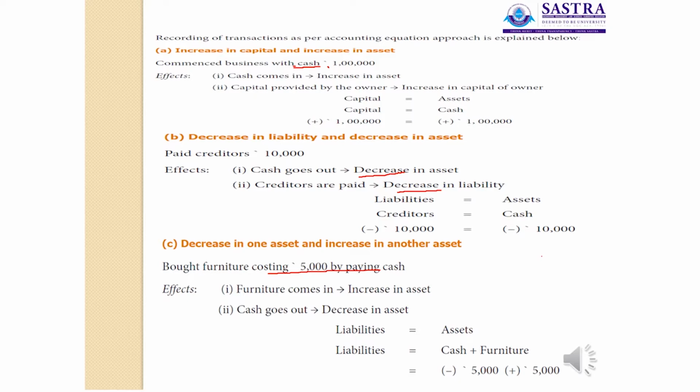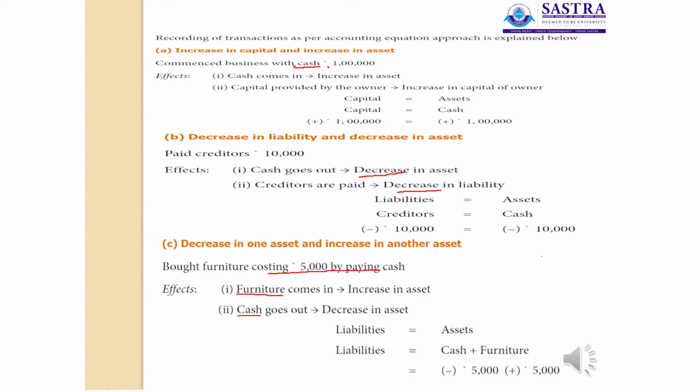Furniture comes into the business, cash goes out of the business. What is the effect of the transaction? Furniture comes into the business, so automatically the asset will be increased. Cash goes out of the business, so the asset value decreases.